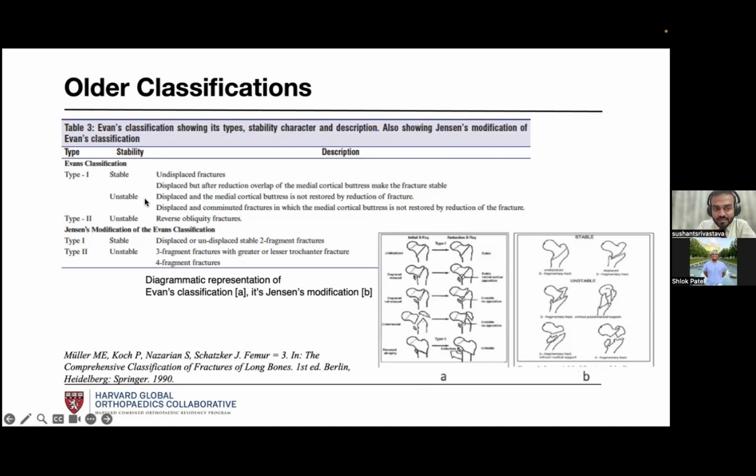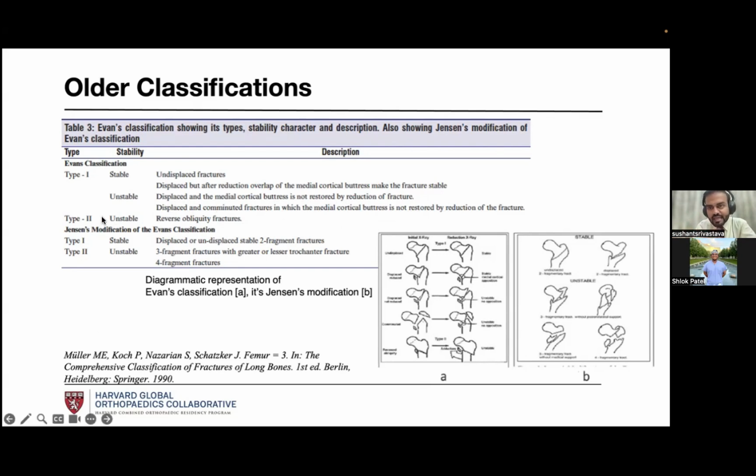Type 1 also had an unstable variant, displaced, where the medial cortical buttress is not restored by reduction, or it is displaced and comminuted and not restored by reduction of the fracture. Type 2 was unstable and reverse obliquity. So you need to understand that in the Evans classification there were two types, type 1 and type 2. Type 2 is the unstable fracture, which is reverse obliquity. So Tronzo type 5 is type 2 in the Evans classification.